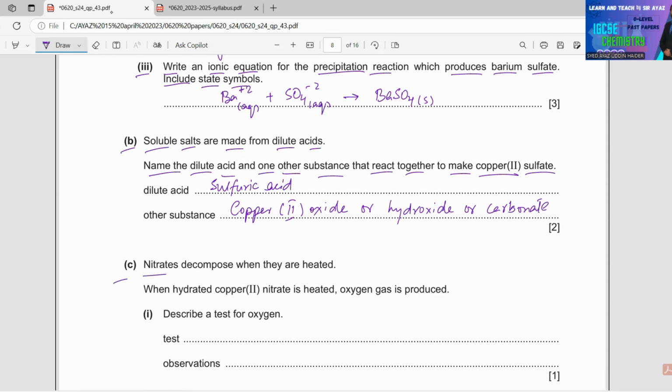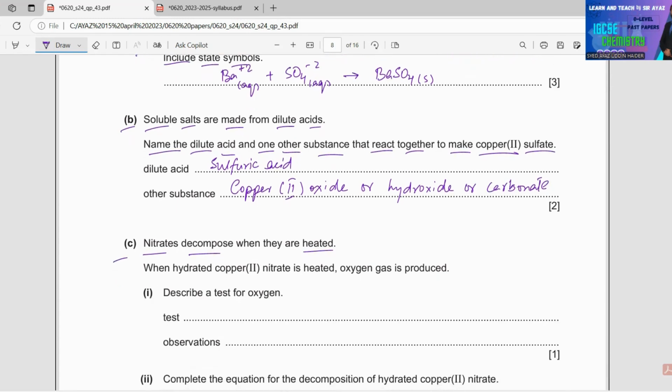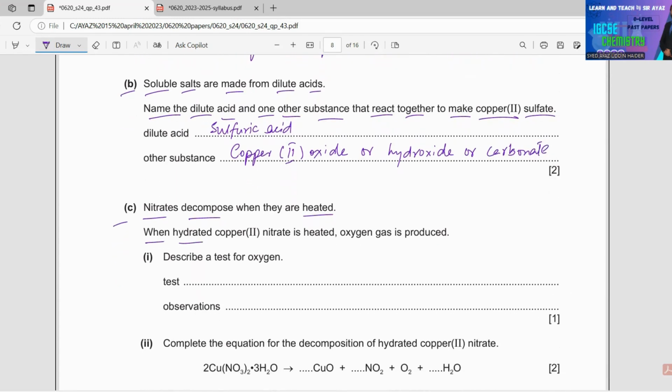Number C, nitrates decompose when they are heated. When hydrated copper 2 nitrate is heated, oxygen gas is produced. Part 1, describe a test for oxygen.